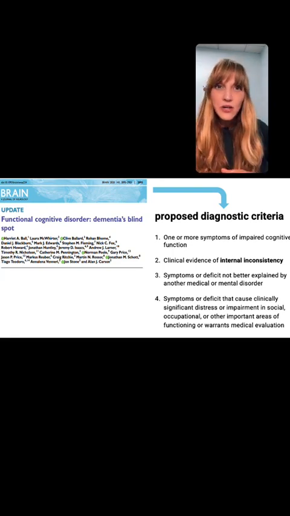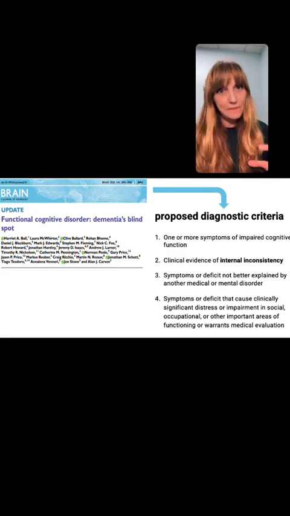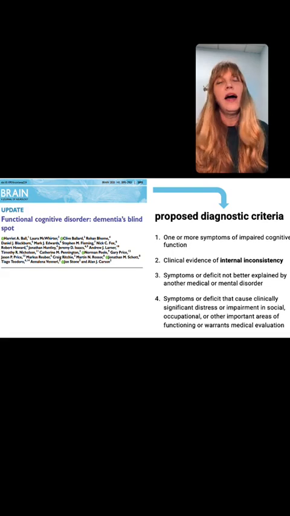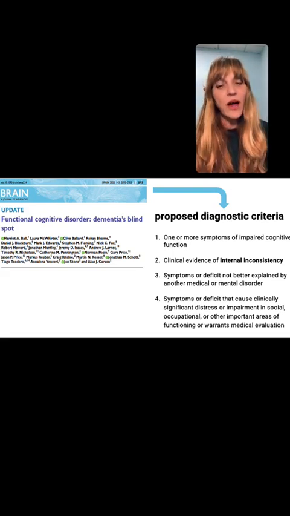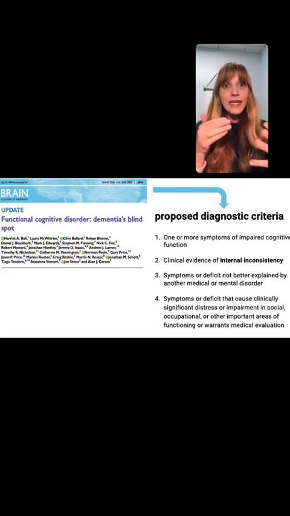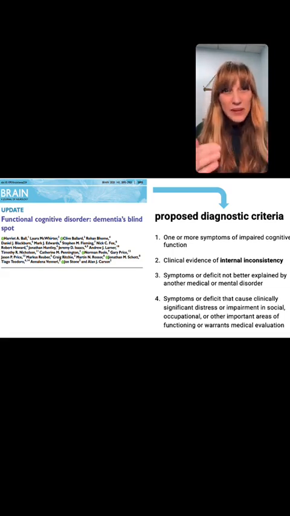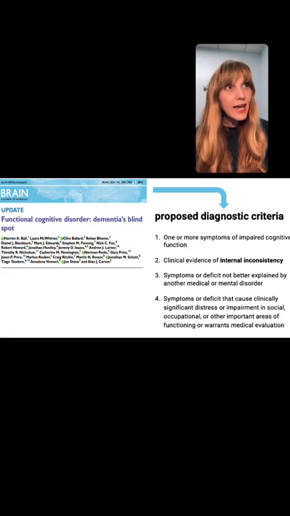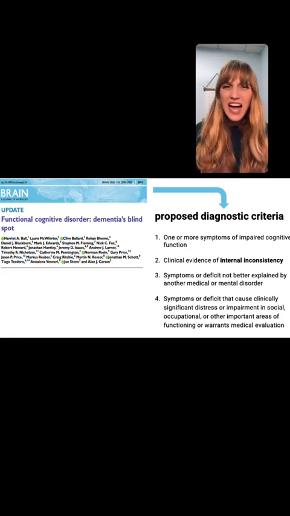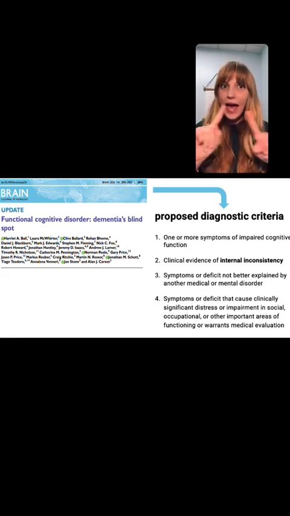That is not what internal inconsistency means. So I think that's really important because I think there's a lot of stigma and there's a lot of misunderstanding around functional symptoms in general, that this inconsistency or variability in symptoms or episodic nature of it is that the person's hiding something or making it up.